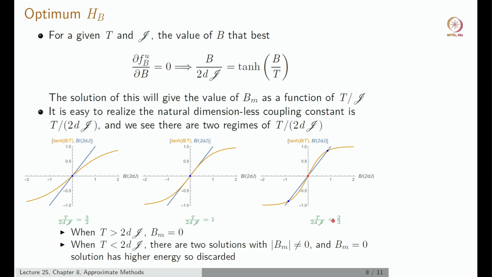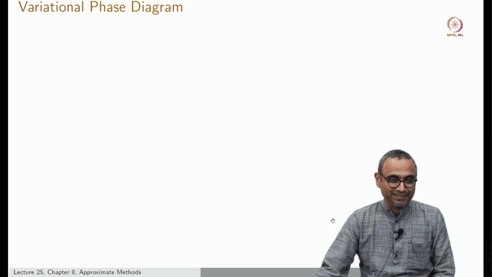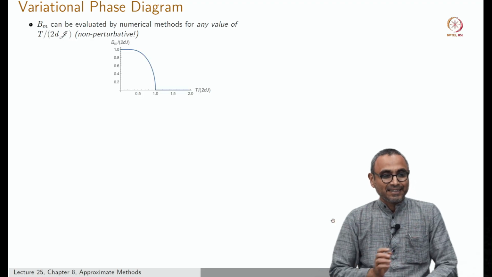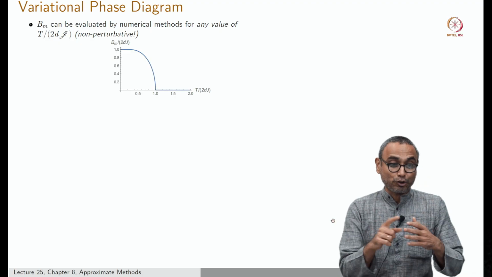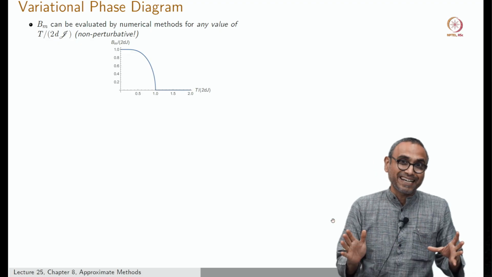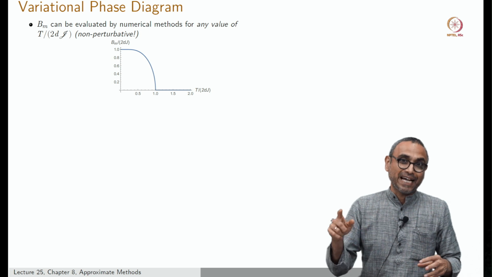Okay, so this is looking very interesting. So what is the physics of this solution? The first thing is that we can compute Bm by solving those equations numerically. So the solution is B is equal to tanh(B/T).